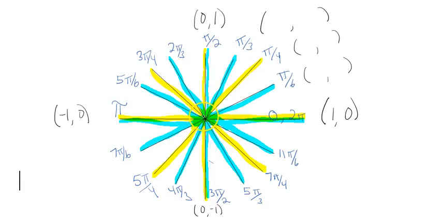In the second quadrant, you go left and up, which means your x is negative, but your y is positive. In the third quadrant, you go left and down, so you have a negative x and a negative y. And in the fourth quadrant, you go right and down, so you have a positive x and a negative y. They're all these same points, just flipped into those different quadrants, so they have different positive and negative signs.